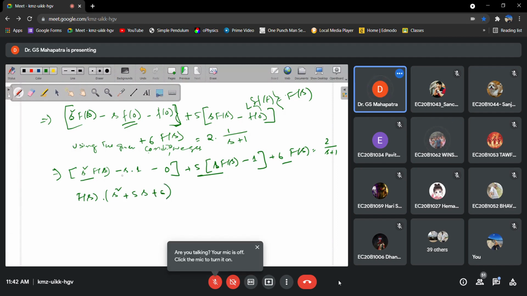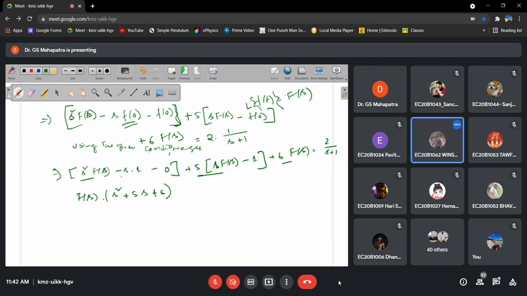Sir, that 6 into capital F of s, that we had Laplace transform of t, no sir? No, not t. F, dy dt, x. Sorry, that was the last term. Last term was 60, no sir?